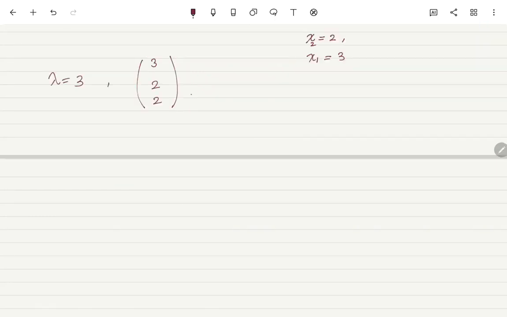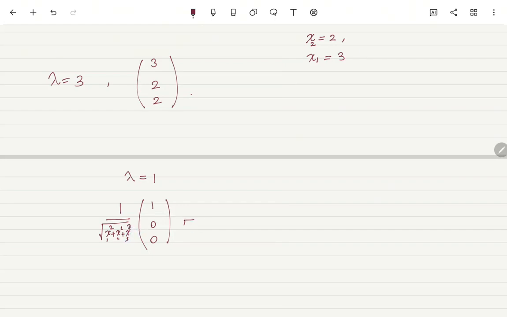Now, the last step is to find the unit eigenvectors or the normalized eigenvectors. So for lambda equal to 1, the eigenvector is 1, 0, 0, and in this case, the normalization factor will be 1 over square root of x1 squared plus x2 squared plus x3 squared.